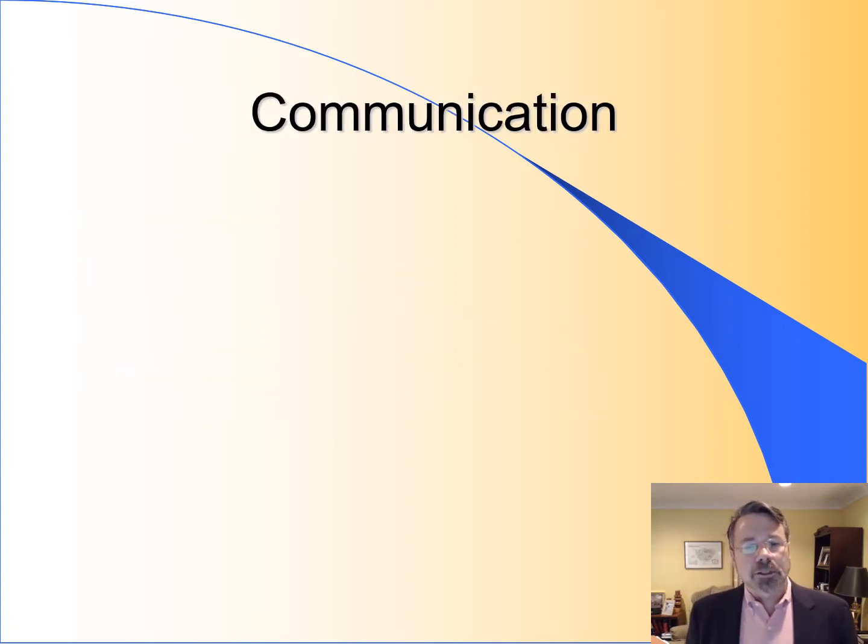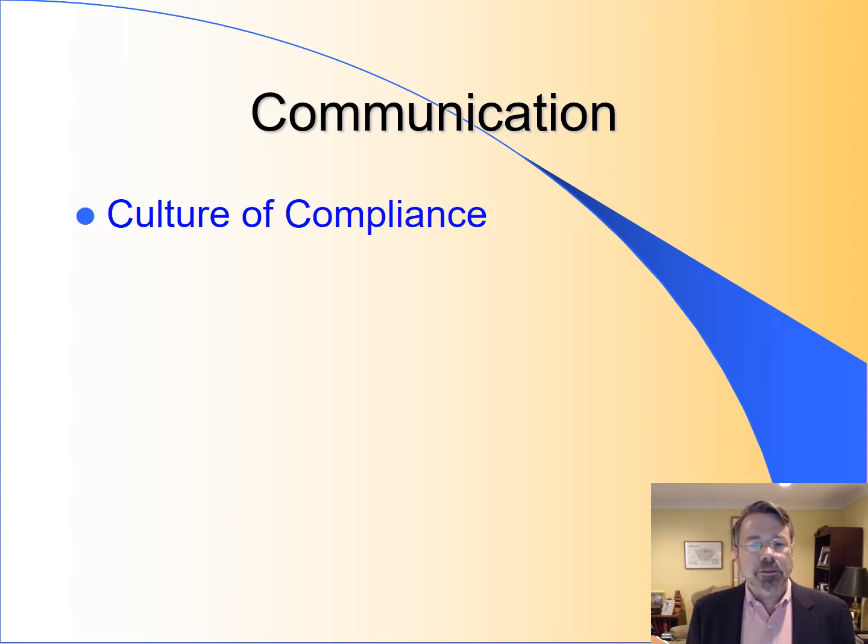Next, let's turn our attention to communication, and that is one of the biggest challenges in a large organization, obviously, is that you have to develop a culture of compliance, and that everyone is doing the right thing because it is the right thing to do, not just because they have to or they're not getting caught, and it comes from the top.